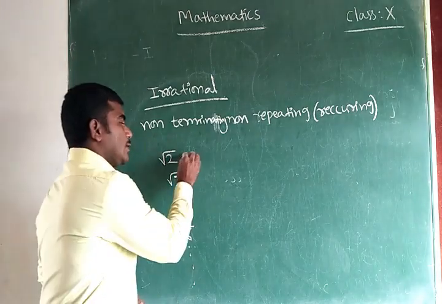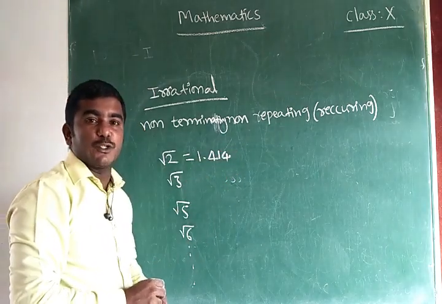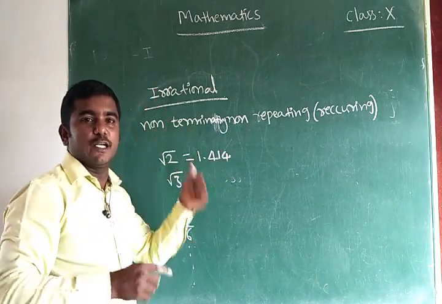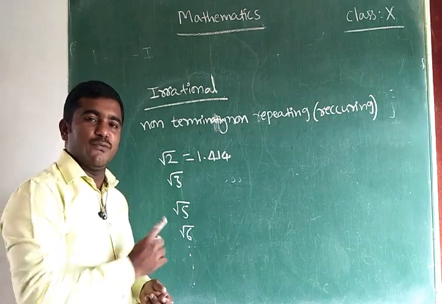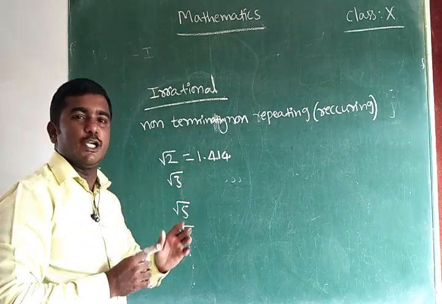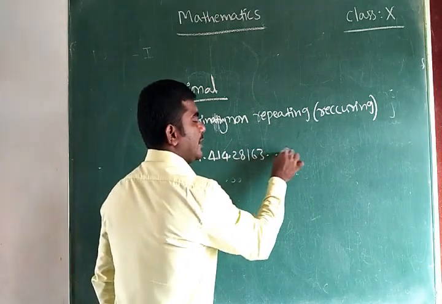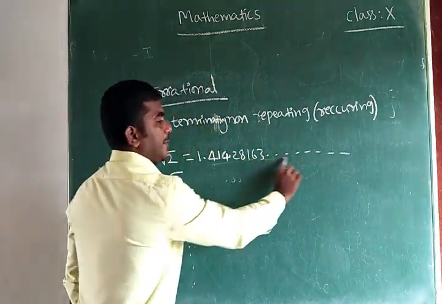What is the root 2 value? Actually we take 1.414. You have the long division method procedure to find root values. Once you find the root value up to 10 or 12 places or 100 places, you will get 1.41428163 something, but it won't repeat again.